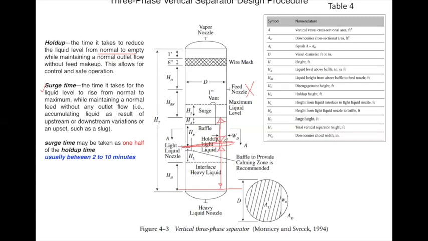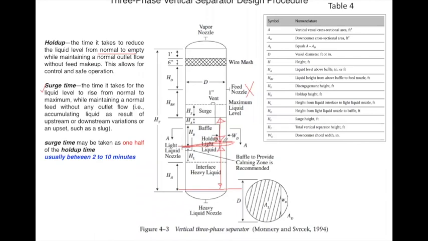Even the surge time is useful, because if the level goes from normal liquid level to the higher liquid level in time t, then after that time the outlet valve should open, so that the higher liquid level does not go above the maintained level. Therefore the separation efficiency should be maintained. So these two important parameters are there.